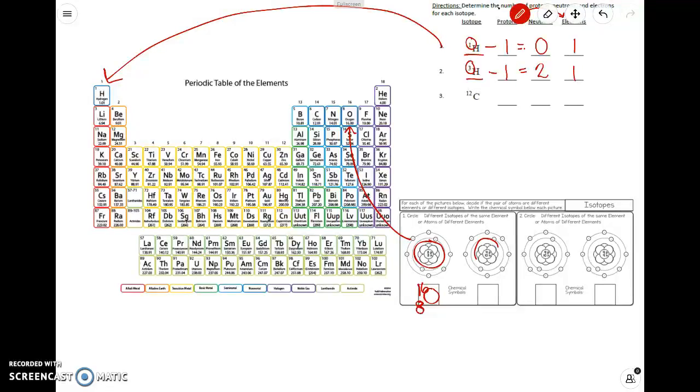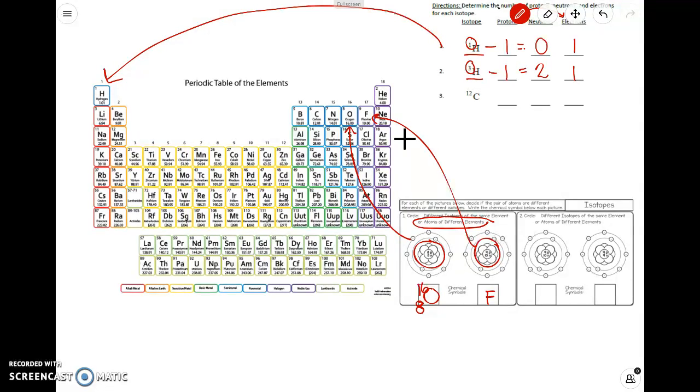Now this atom over here has 9 protons and 10 neutrons. So 9 protons means that it is fluorine. So I'm going to put an F here. That F means that these are not isotopes of the same element, because I have an O and I have an F. So I'm going to circle right here that these are atoms of different elements.